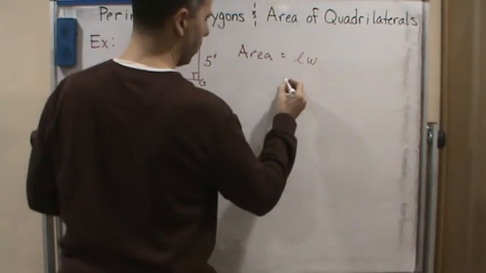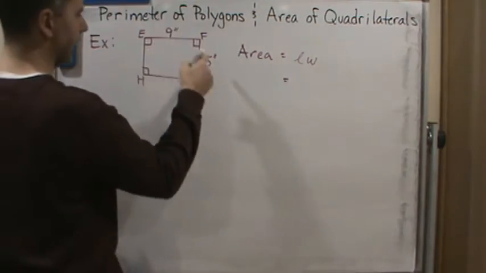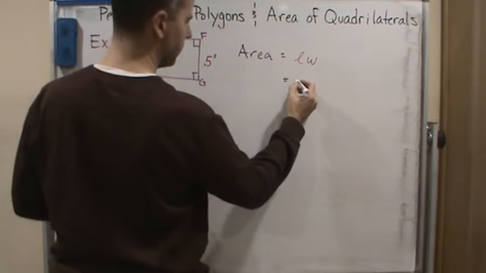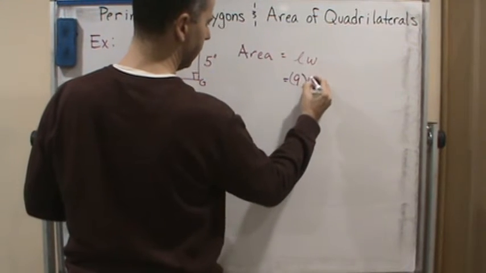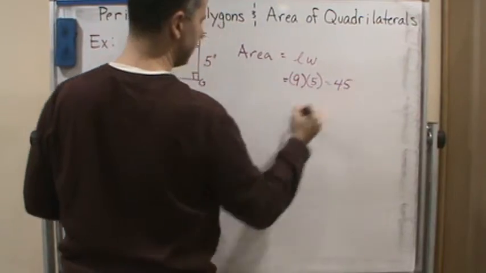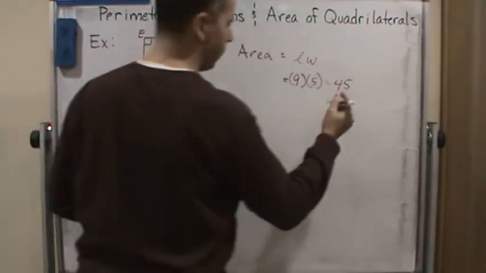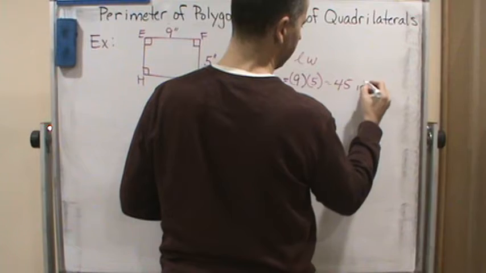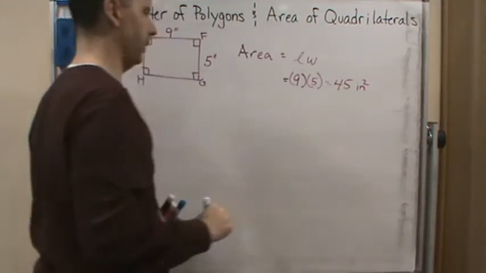In this case, we've got 9 inches by 5 inches, so it's 9 times 5, which is 45. But again, it's squared units, so it's inches squared.